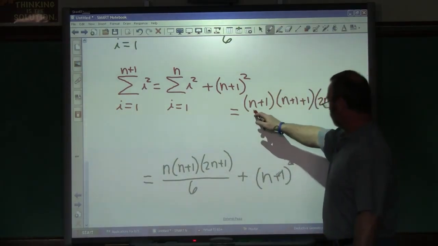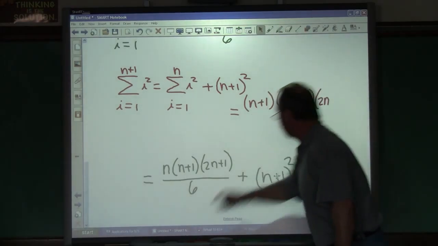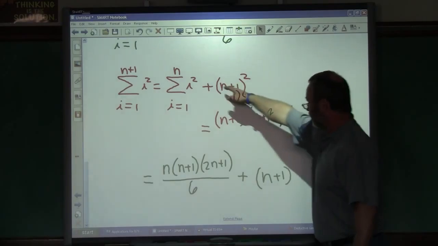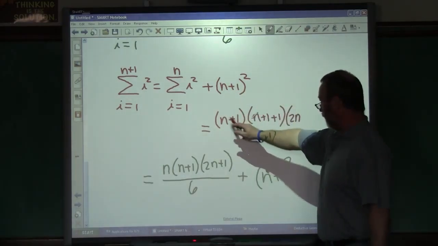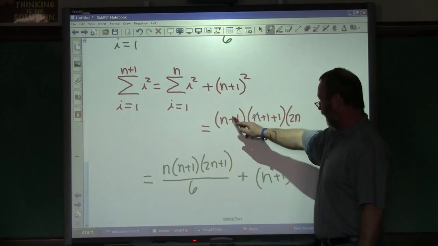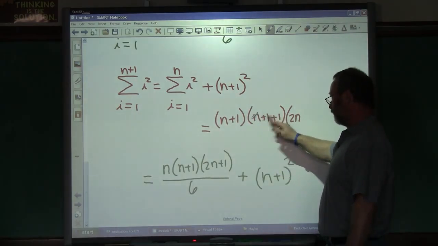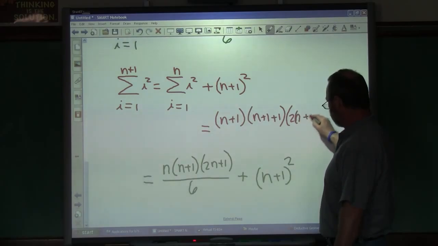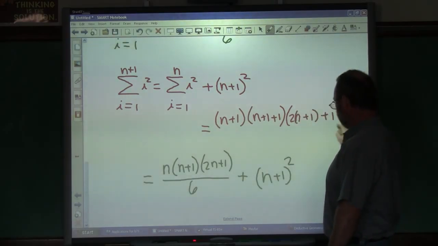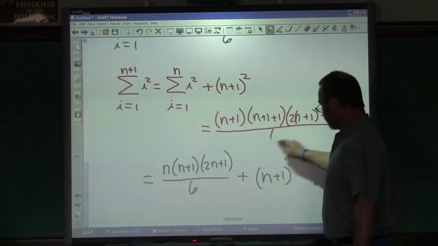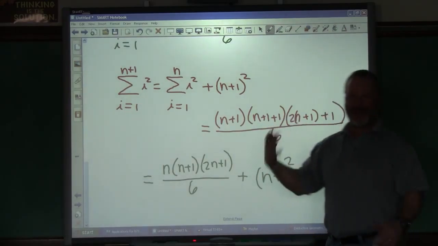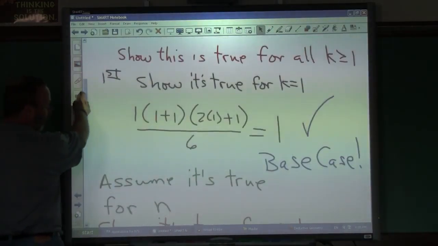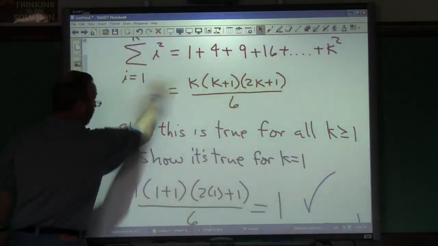So that this is equal to, this first part here was equal to n plus 1 times n plus 1 plus 1 times 2 times n plus 1 plus 1 all over 6. I'm just plugging in n plus 1 in our original formula way back up here.